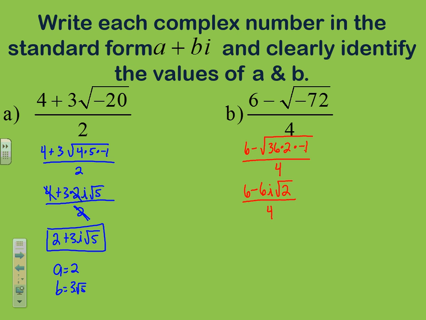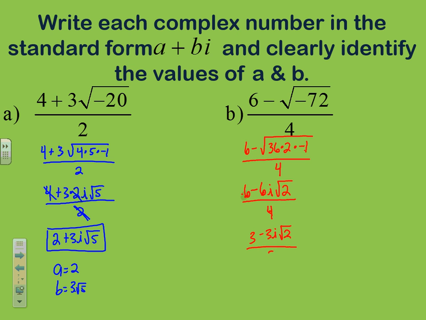Now again, the 4 is a common denominator to this 6 on the left and to the -6i more towards the right. So the 4 and both terms that have a 6 will simplify. 6 over 4 simplifies to 3 over 2, and 6 over 4 again simplifies to 3 over 2.